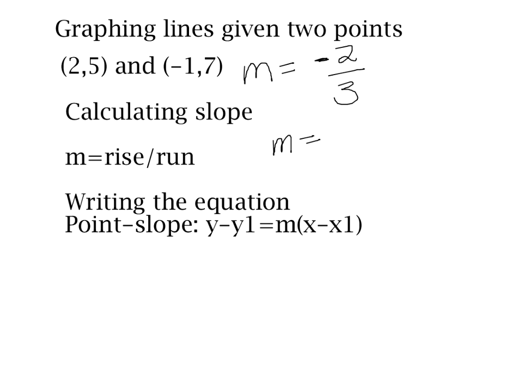It's always good to have a picture in your mind, but we can also calculate it by taking 7 minus 5 and -1 minus 2. These are the y's, and these are the x's. It doesn't matter which point I put first and which I put second, just so long as I'm consistent. If I put y1 first, then I put its partner first on the bottom.